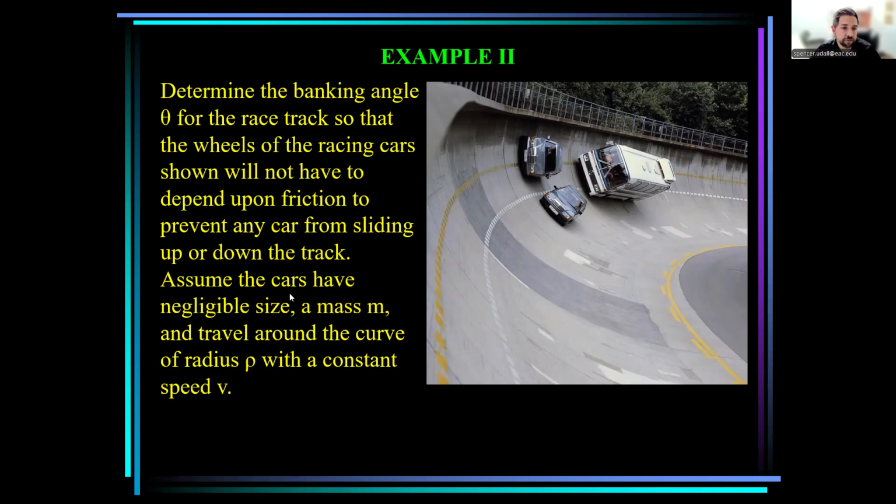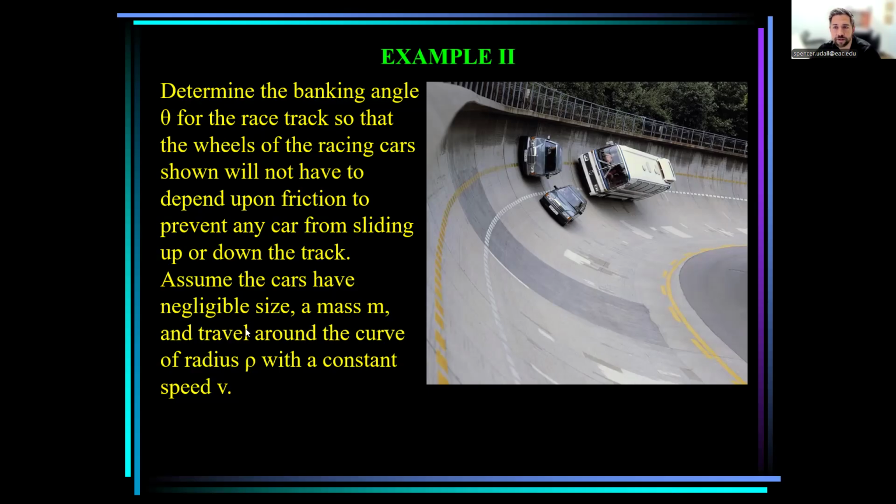Okay, so we're going to assume the cars have negligible size, so their dimensions don't matter. They have a mass m. Everyone has the same mass. And you might be thinking, wouldn't it change for the car size? Do the little cars need more or less banking angle?